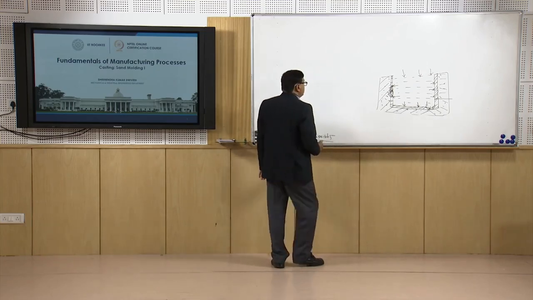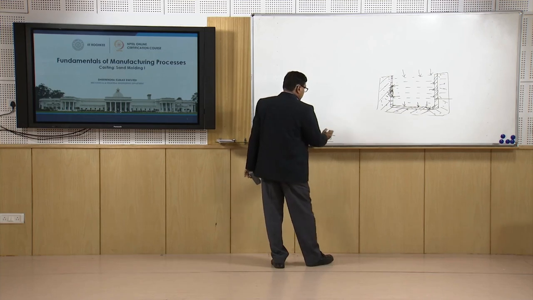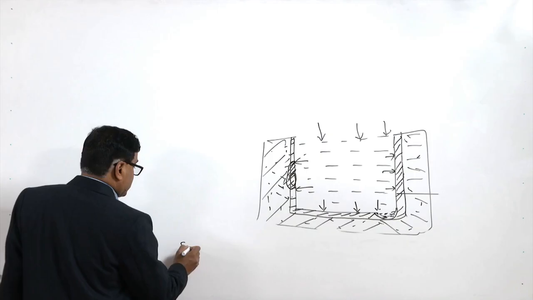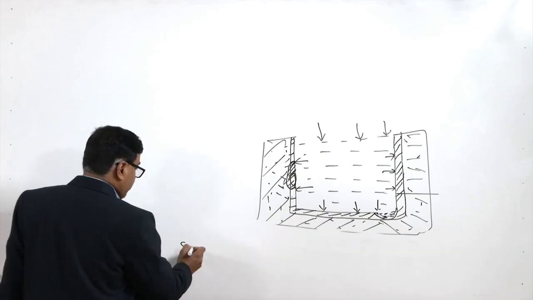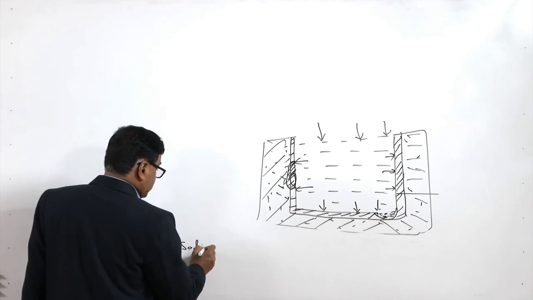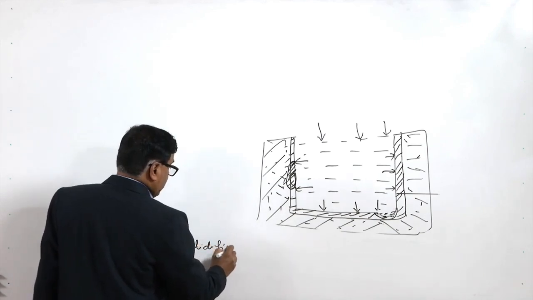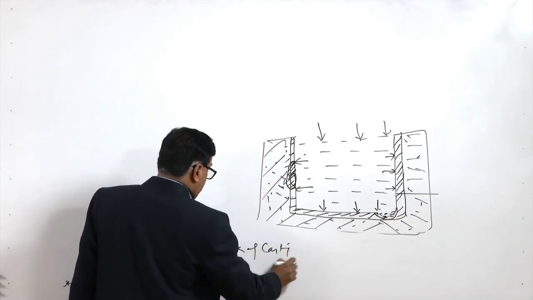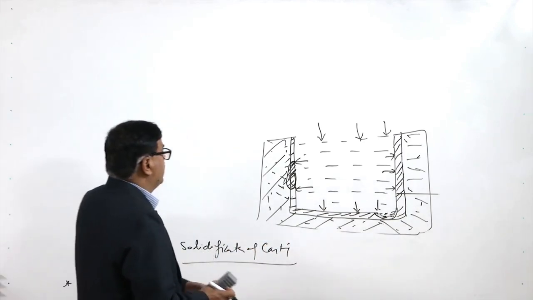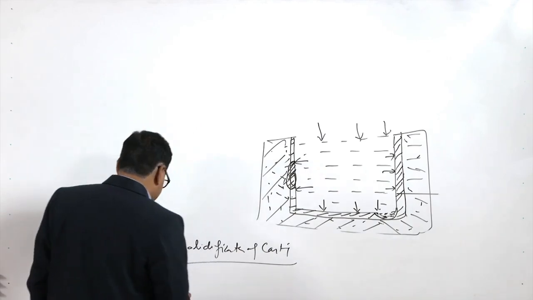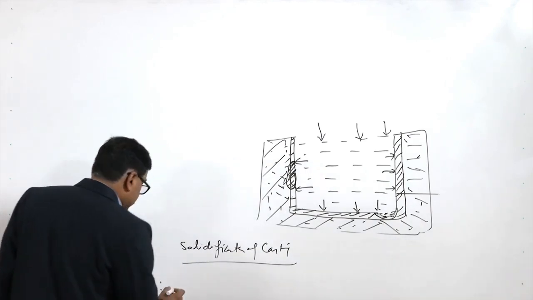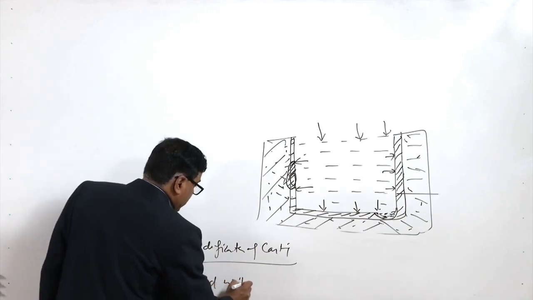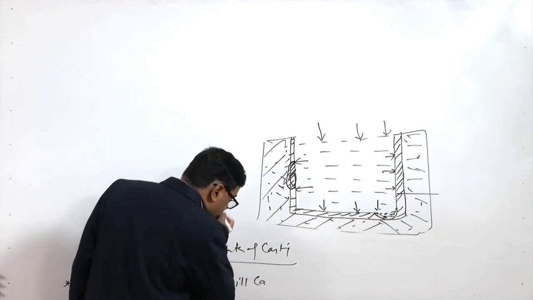Another important factor is collapsibility. We know that this collapsibility is important after the solidification of the casting. According to this property, we expect that the mold will collapse or be crushed.